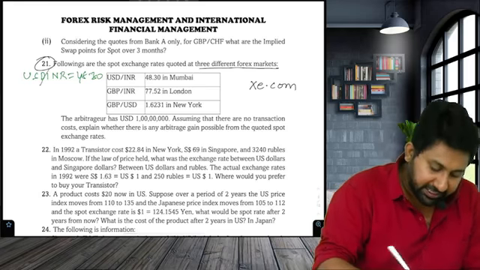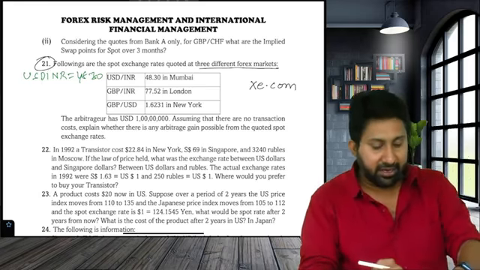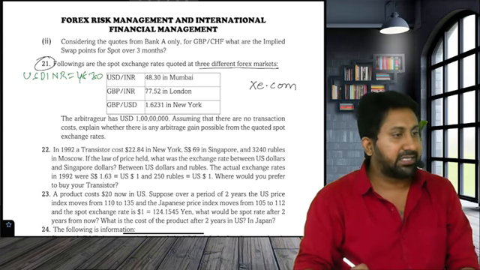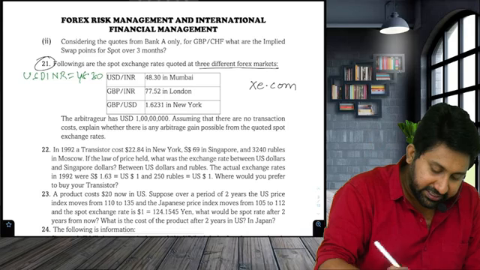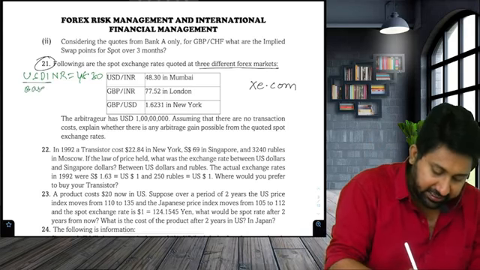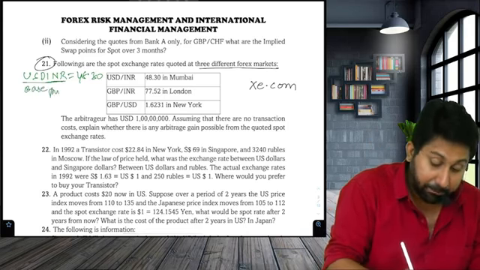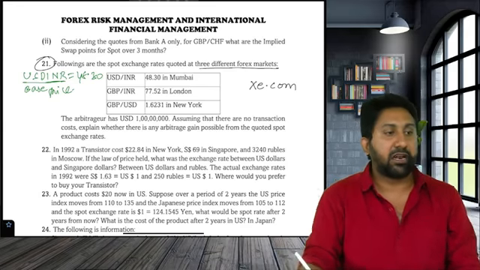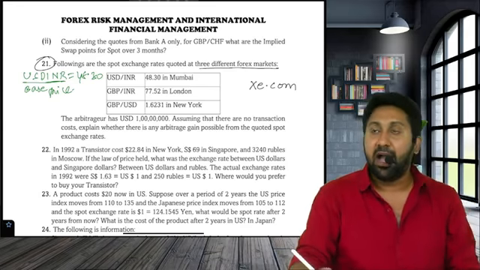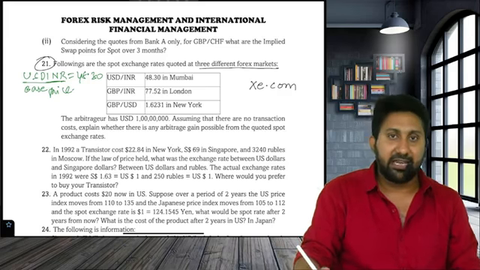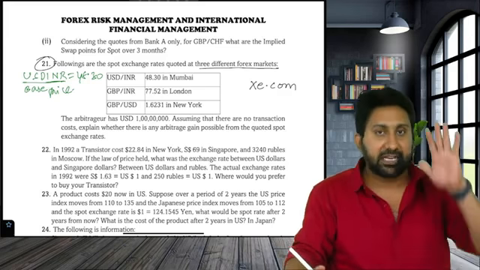Institutes will use a slash, but in reality that slash will not be there. USD INR 48.3 they will write. Means what? USD is called the base currency, INR is called the price currency. INR is called what currency, sir? Price currency. USD is the base currency, INR is the price currency. This is one of the ways of expressing the exchange.